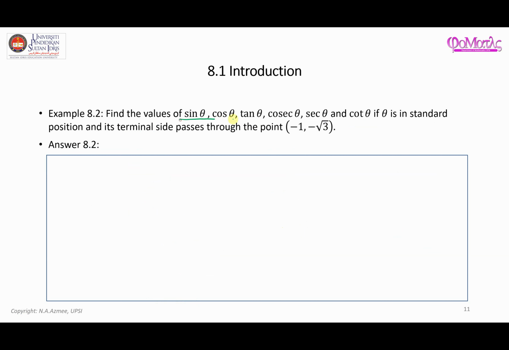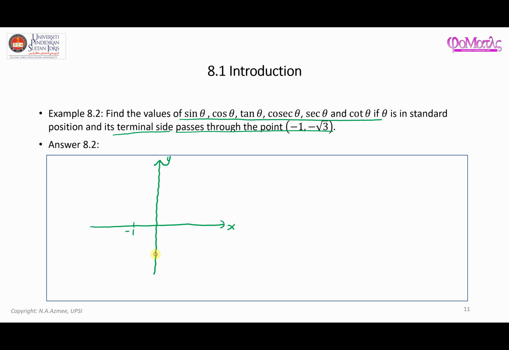Find the values of these when theta is in standard position and its terminal side passes through the point x negative 1 and y negative 3. I'm going to sketch the position of theta. This is x and this is y. Notice that x is in the negative direction, so this could be my negative 1.